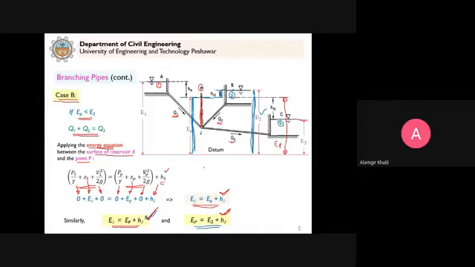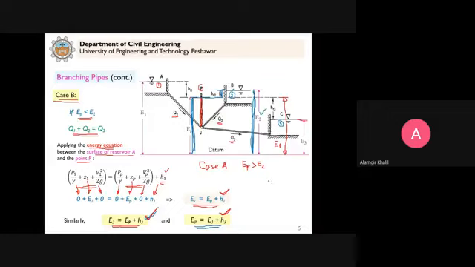Clear? So what is the difference now in terms of case A? In case A, the situation was that EP is greater than E2. Clear?